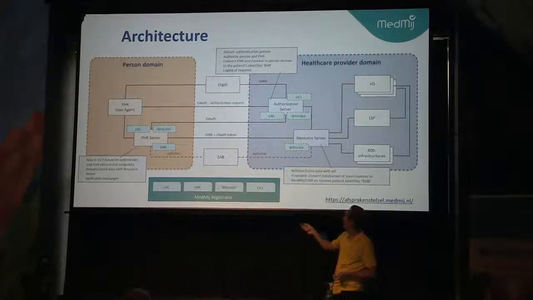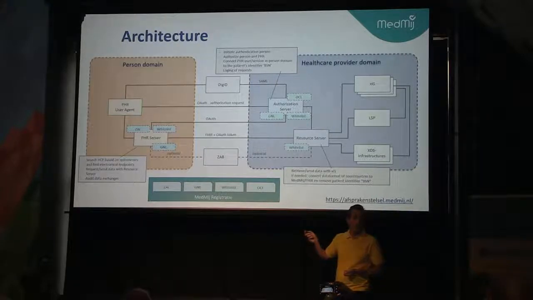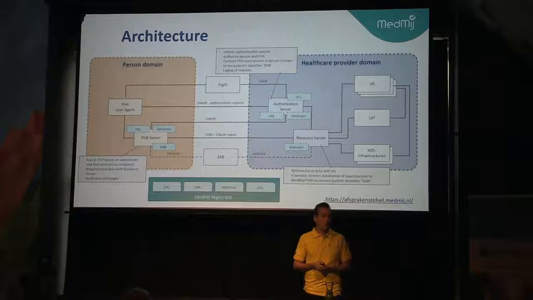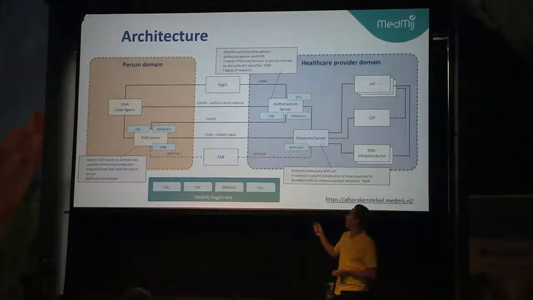The PHR server and the resource server are the two servers that actually exchange FHIR data with each other. And the authorization server is used, of course, for authorization and authentication of patients, which also uses DigiD, which is an identity server in the Netherlands, used for a lot of things, also by the government.